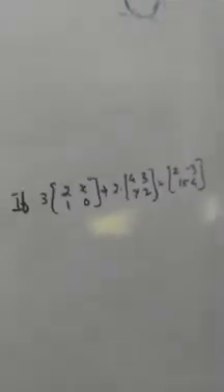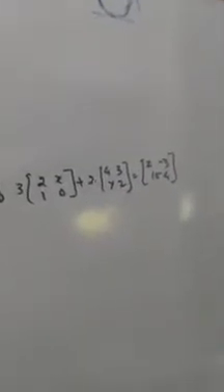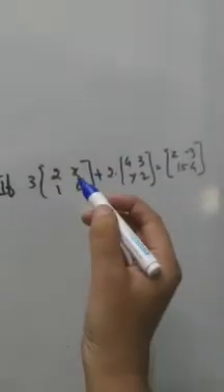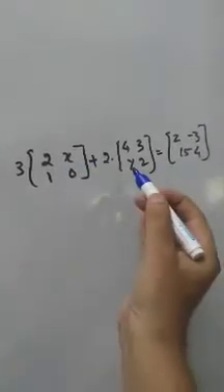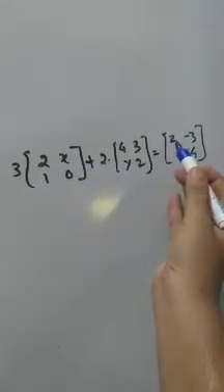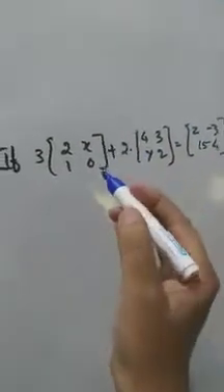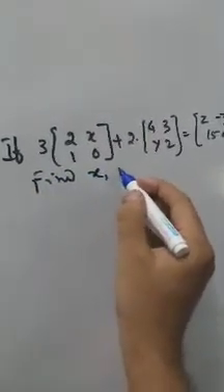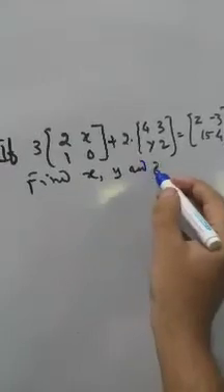So this is the matrix equation given. Here you see there are 3 variables, 3 unknowns. One is x, another is y, another is z. I have to find x, y, z. That is the question. Find x, y and z.